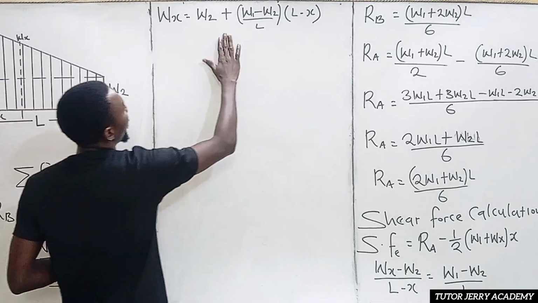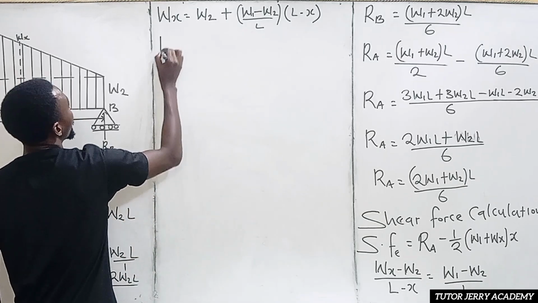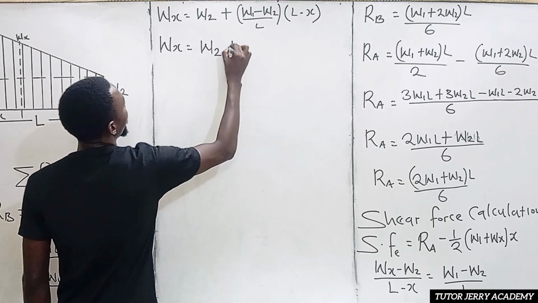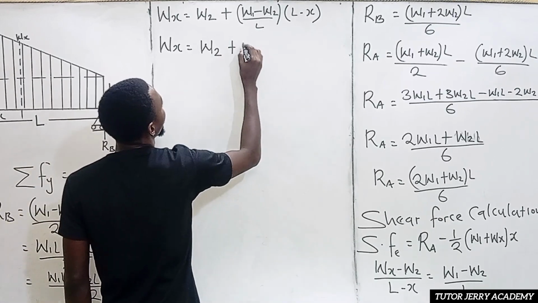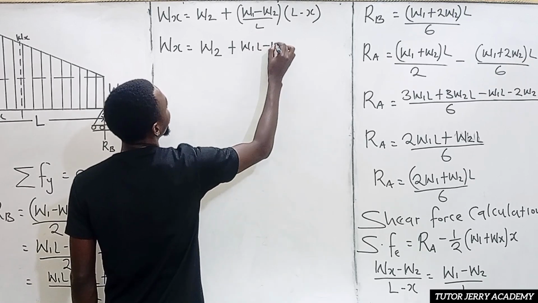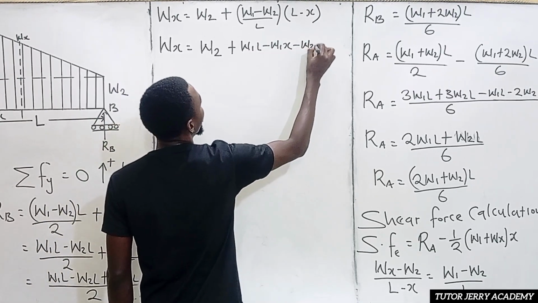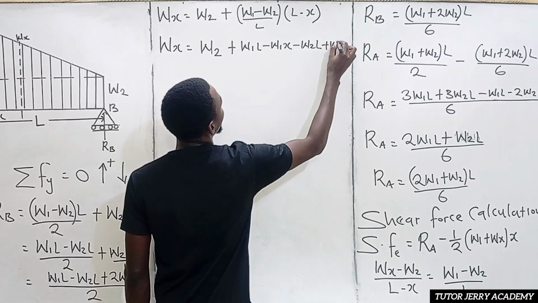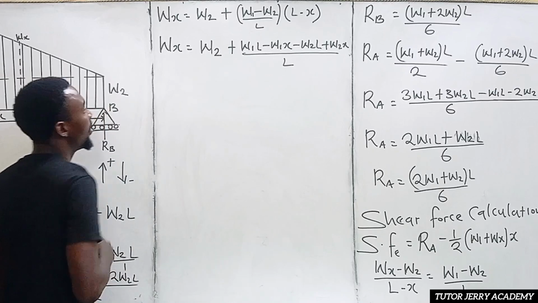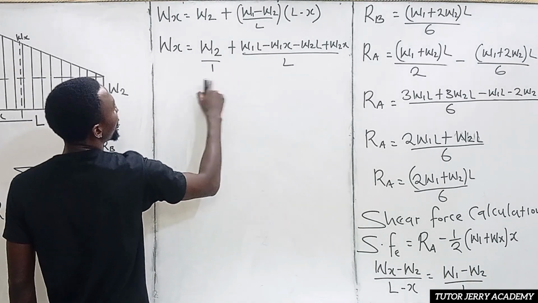Now let's try and expand that bracket. Let's see what we have. So WS will be equal to W2 plus, if we open this bracket, W1L minus W1S minus W2L plus W2S all over L, right? Now the next thing is we find the LCM of 1 and L here.